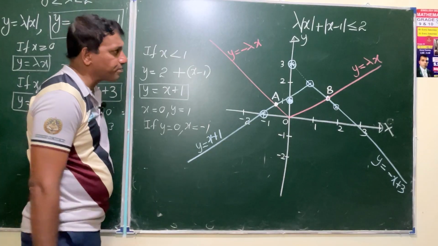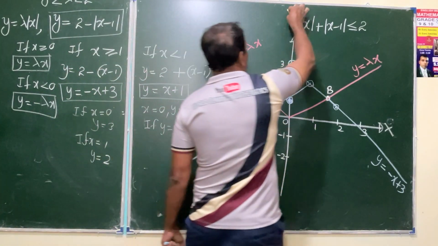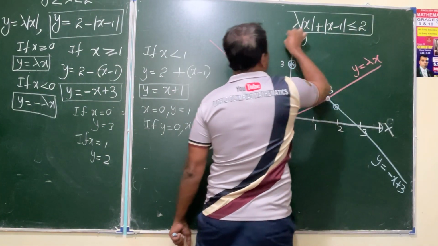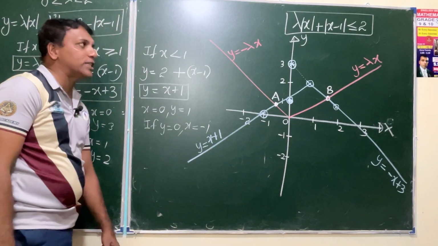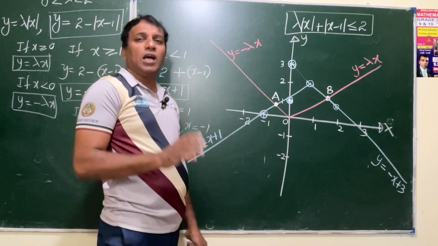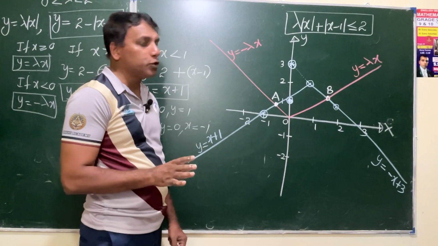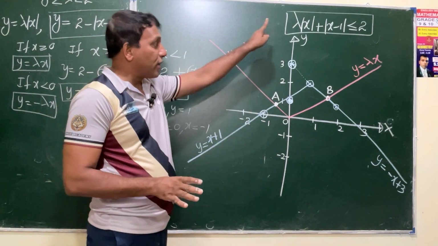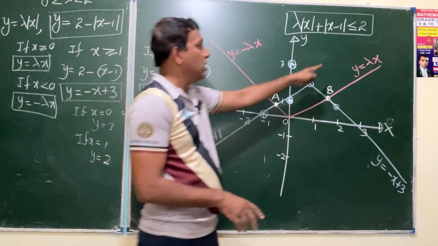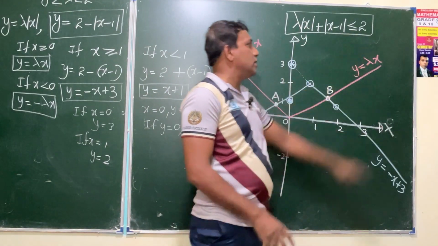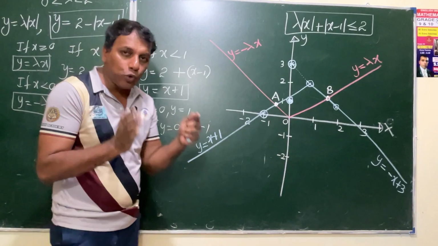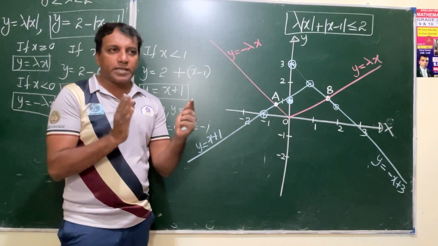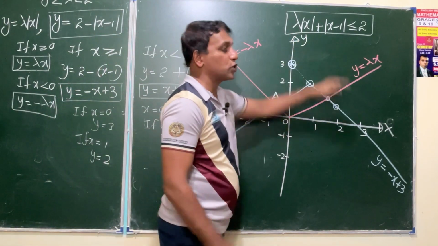They said if this inequality, lambda modulus x plus modulus x minus 1, is less than or equal to 2, the range of x for which this is solvable gives a gap between the ranges of 2 units.